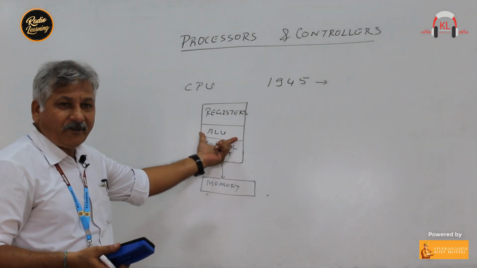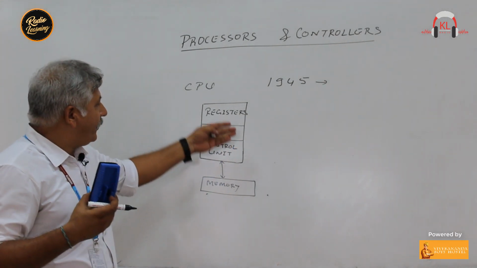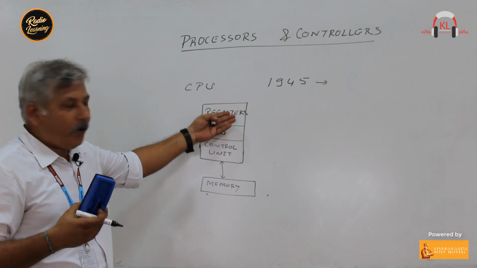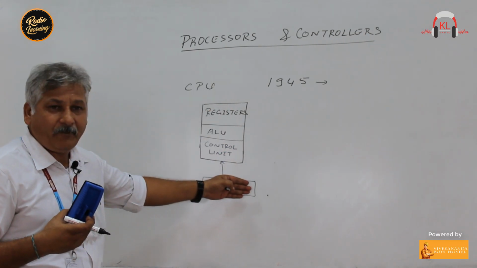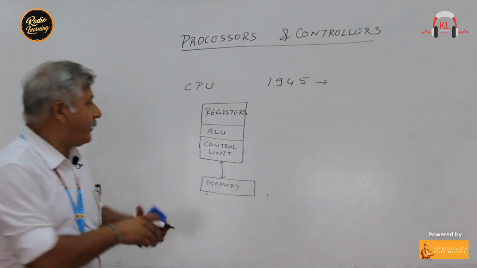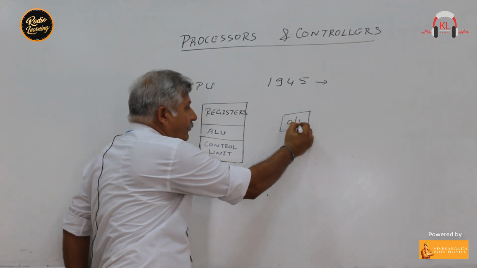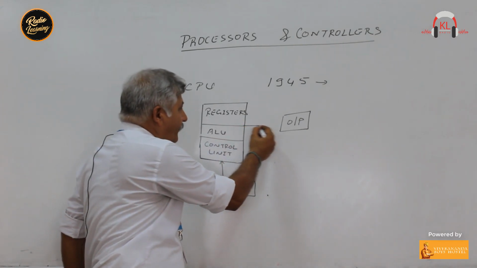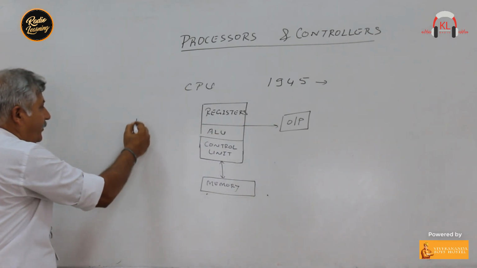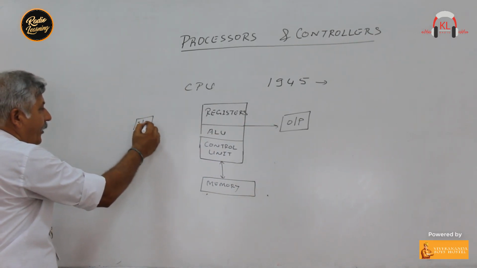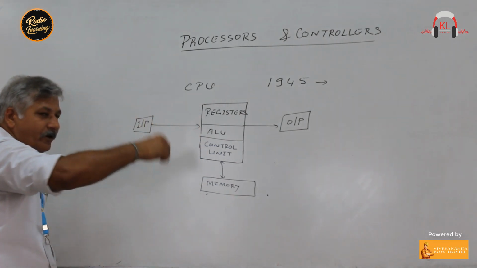The result generated can be stored inside the CPU, or it can be sent back and stored in the memory, and at the same time it can also be sent to an output device. So here we have this output device, and here we have one input device. So this is the whole computer.